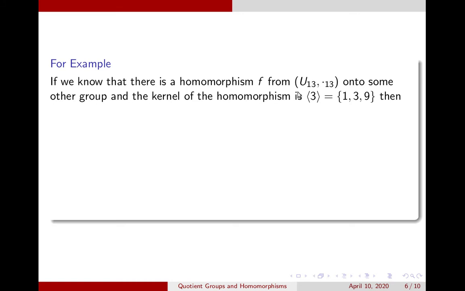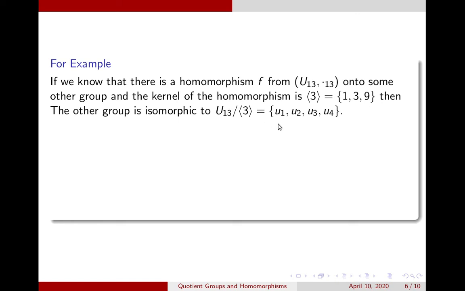If we knew that there were a homomorphism from the group U13 onto some other group, and if we knew that the kernel of the homomorphism was {1, 3, 9}, then we would know that the other group has to be isomorphic to the quotient group U13 over the subgroup generated by 3. This is the quotient group that we looked at a few slides earlier.